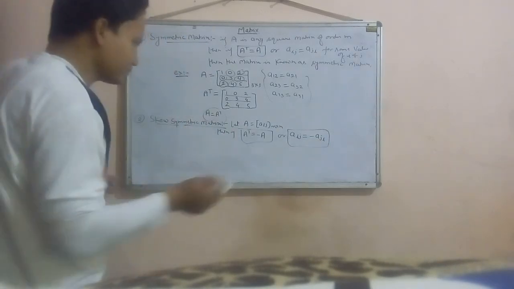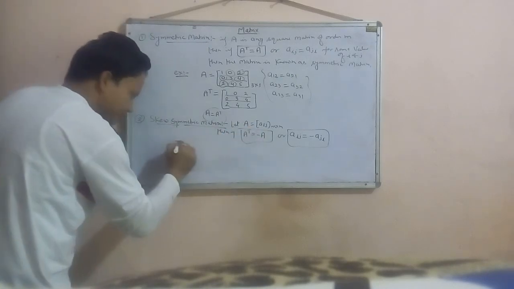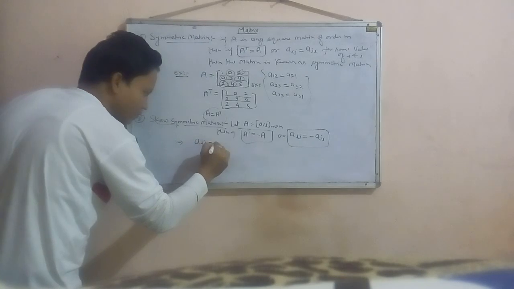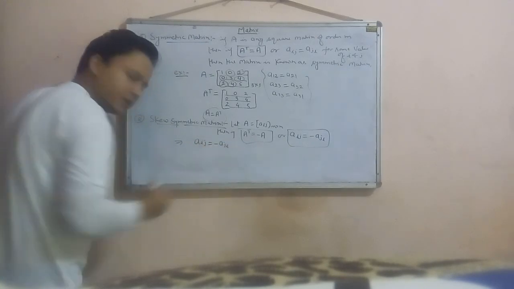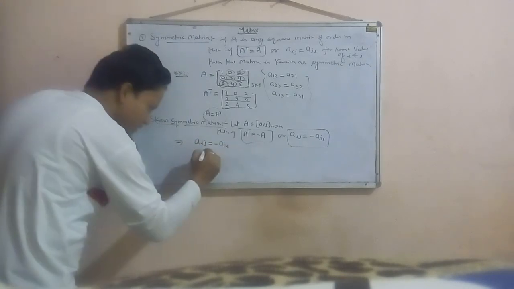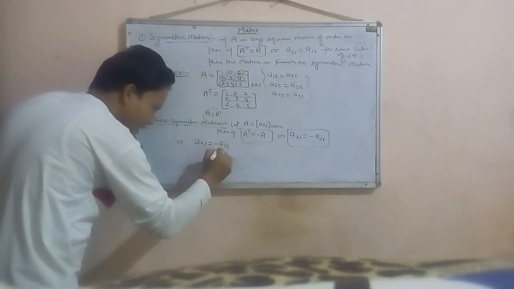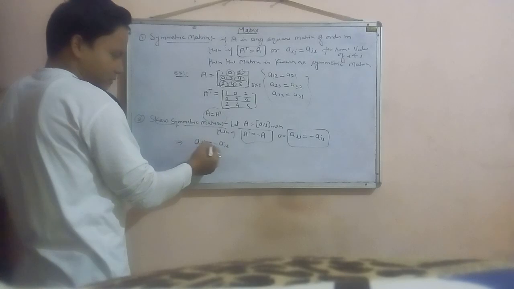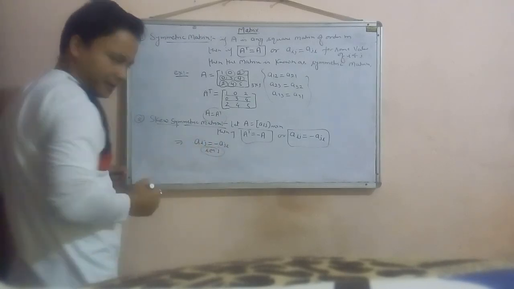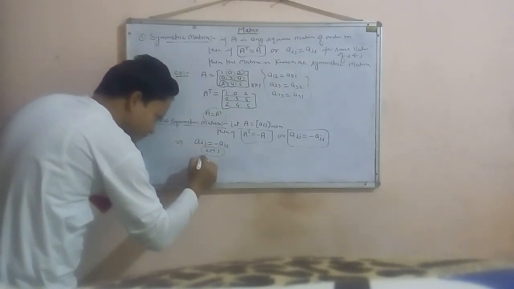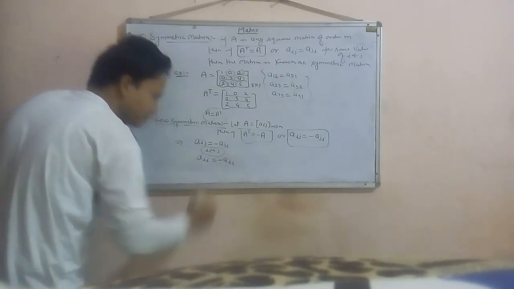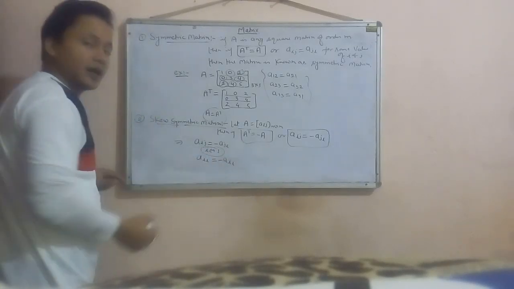Okay, so we know that for a skew symmetric matrix Aij equals minus Aji. Now interchanging i with j, what will happen? Aii equals minus Aii.